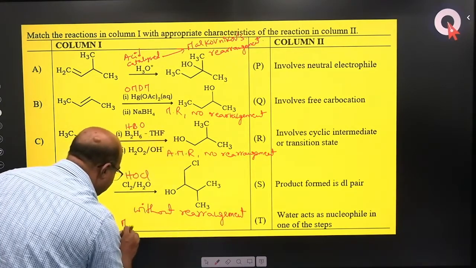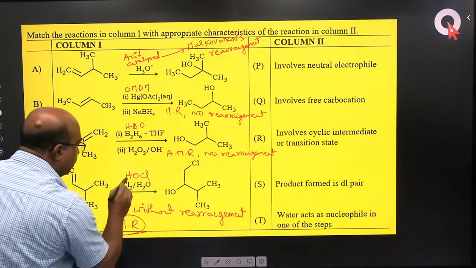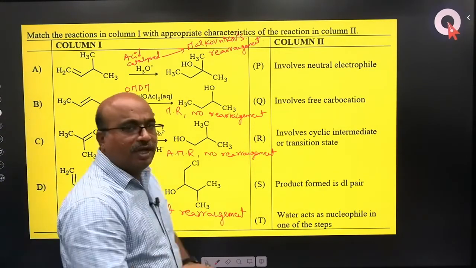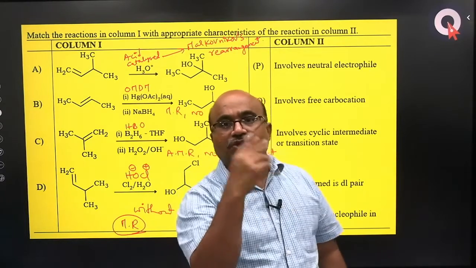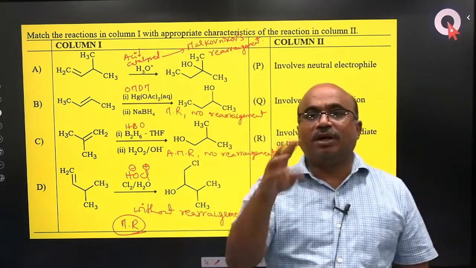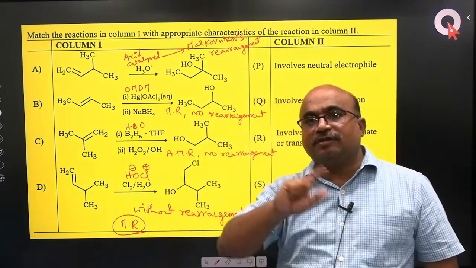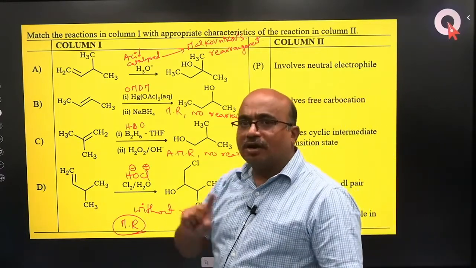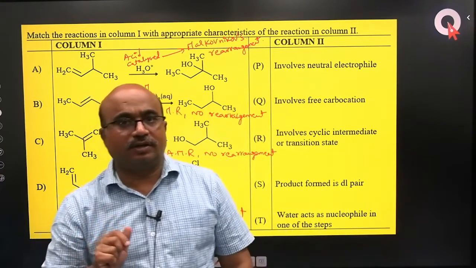but it should follow again Markovnikov rule. So what is in this, OH minus and Cl plus, because your Cl is an electrophile there in the HOCl because of presence of empty orbitals. So we treat that Cl as a Cl plus, not based on the electronegativities or nothing like that.